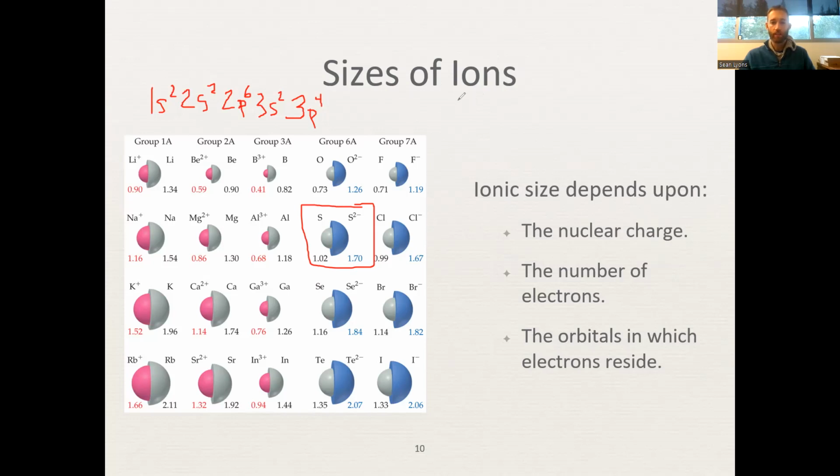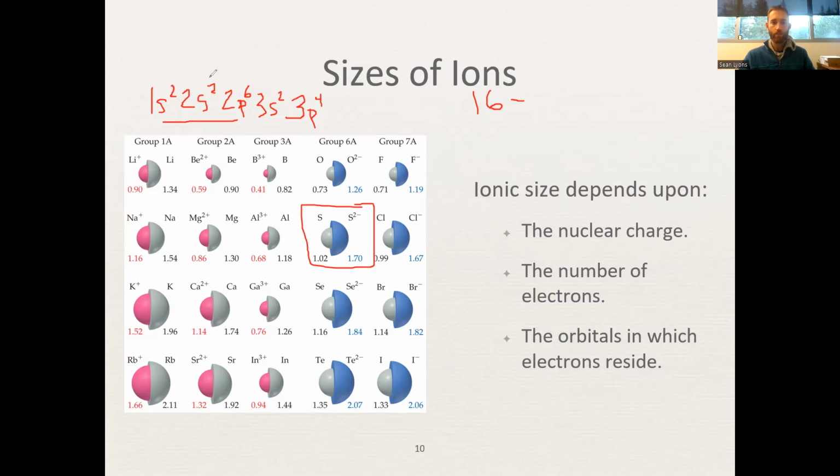So if we think about the effective nuclear charge on that sulfur atom, we've got 16 protons, because that's the atomic number. That's how many protons we have in the nucleus there. And then for the neutral atom, 3s2 and 3p4 are going to be our valence electrons. So we're thinking about these as our inner electrons.